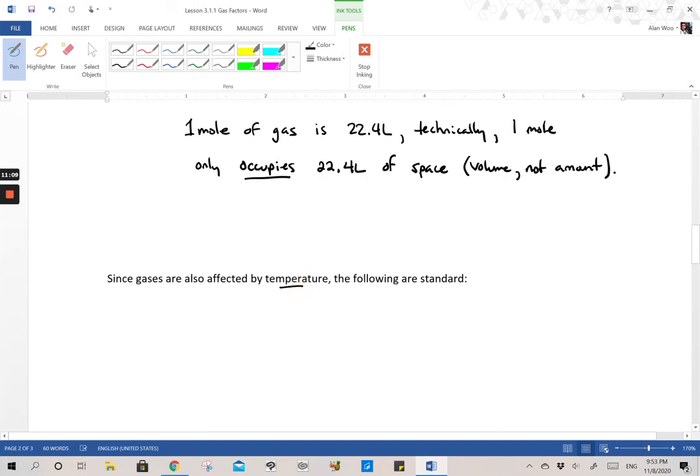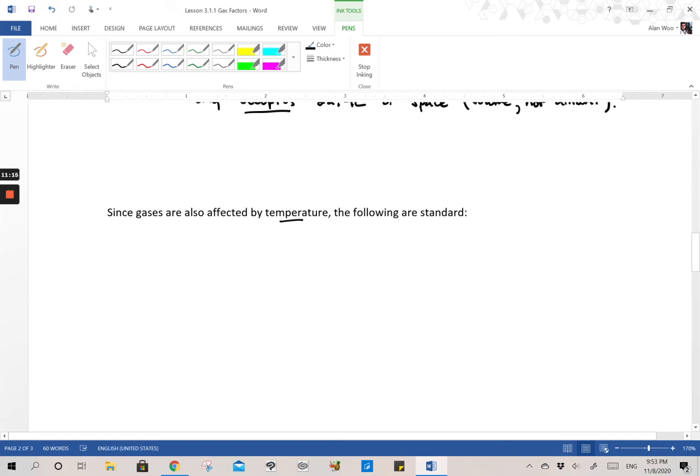Okay, and there is an actual standard temperature. Because every time we walk into an environment with a different temperature, that does affect the pressure of a gas, the volume of the gas, okay, that it takes up in terms of space. So the standard temperature that we measure things at is actually 0 degrees Celsius.